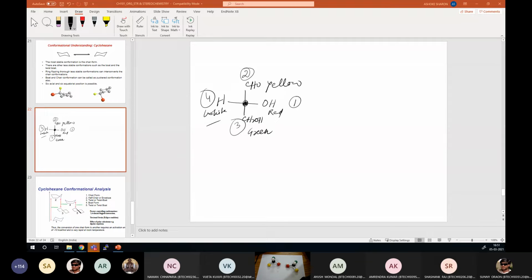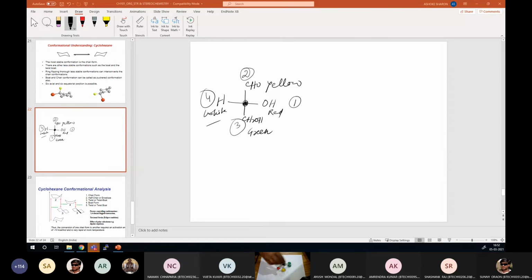So these two are the mirror image. One is R, one is S. And these two are non-superimposable.